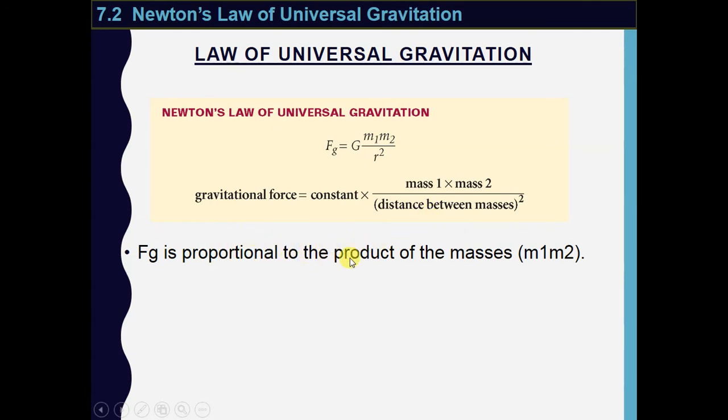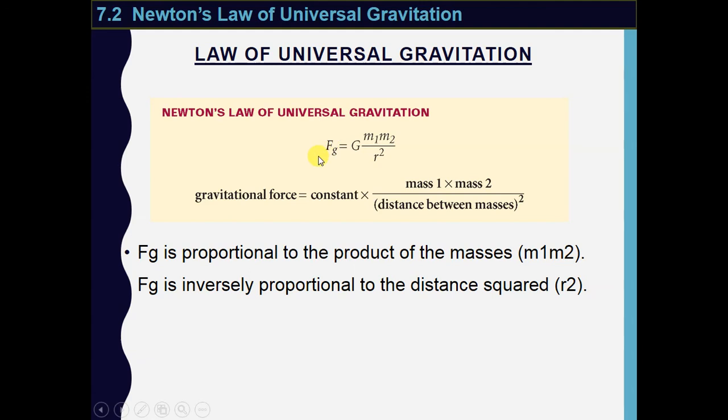So Fg is proportional to the product of masses. The greater the masses are, the more the gravitational force, and then I can feel it. Like for example me and the Earth, because the mass of the Earth is really great, the gravitational force will be great, so I can feel it.